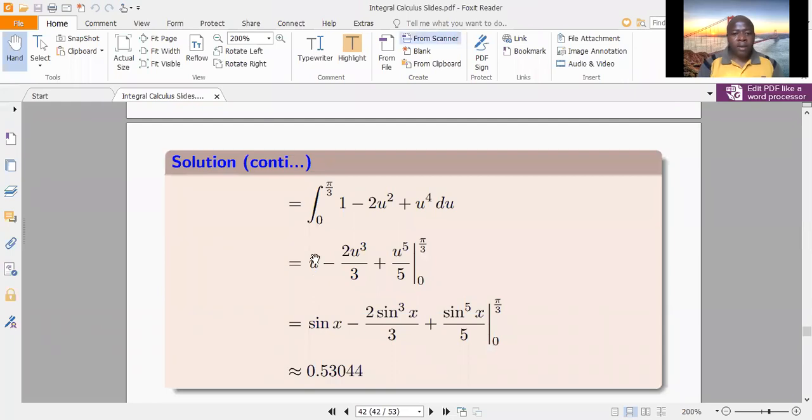So when you bring back your sine, you will have sine x here, then minus 2 sine x cubed divided by 3 plus sine x raised to 5 divided by 5, and the limits are 0 to pi over 3. Now put your limits. Of course, you know to put the limits. You put the upper limit, get an answer, and then put the lower limit, get another answer. Subtract those two answers.